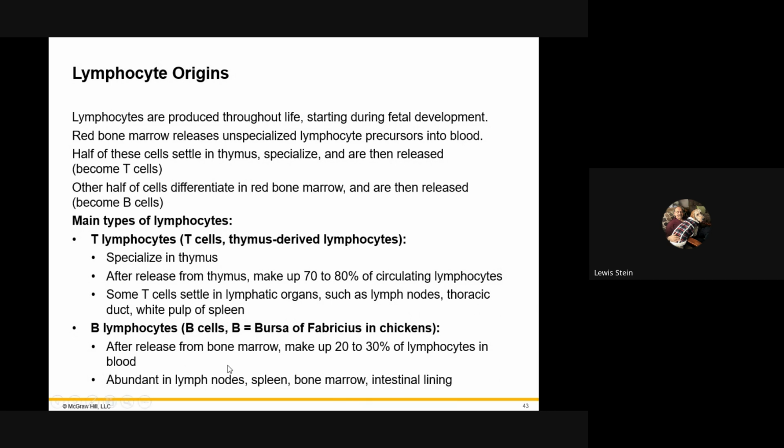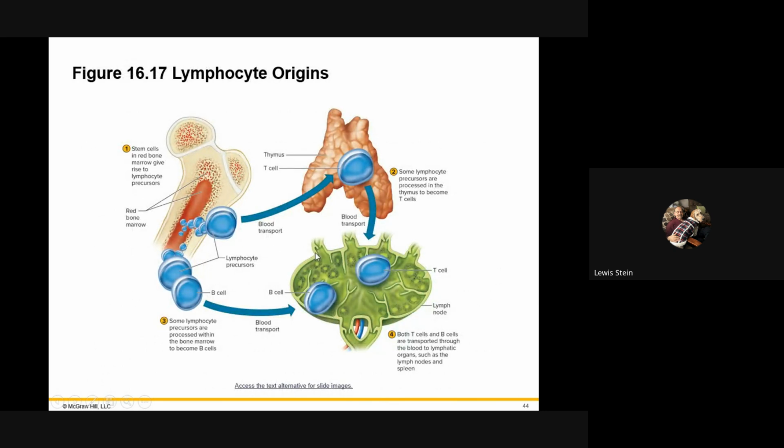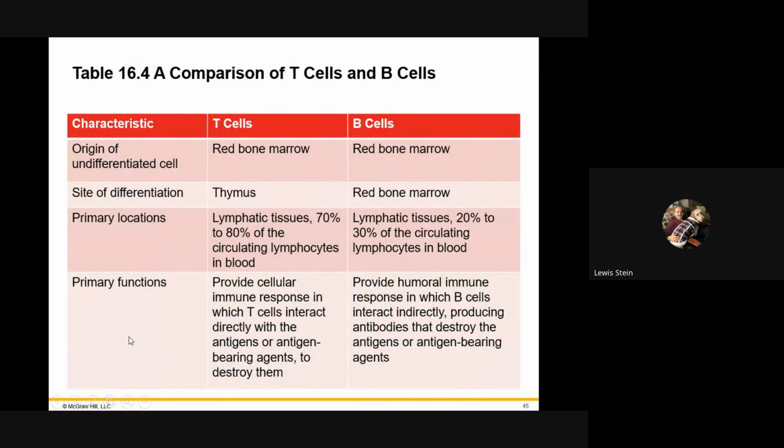Moving on. It's in the bone marrow, it's in the thymus, it's in the lymph nodes. Fine. So these are the kinds of things that it does. It provides the cellular-based immune response. T cells interact directly with cells that have been damaged and destroy them, versus the humoral or fluid arm, where antibodies, circulating chemicals, do that.